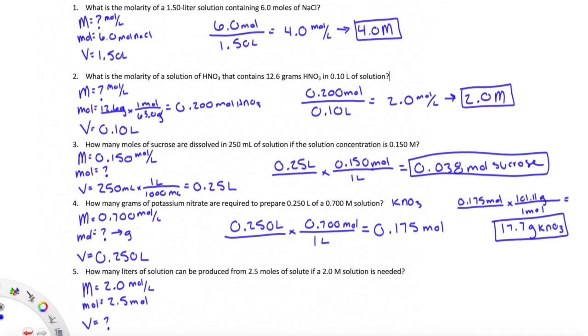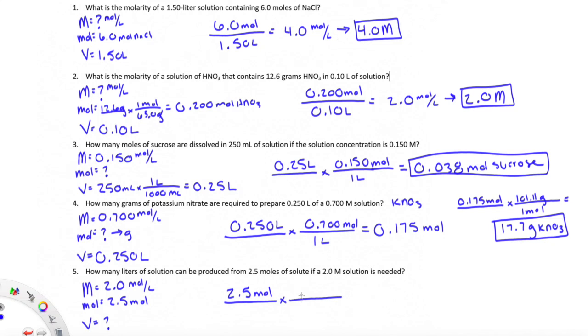So I'm going to start with moles this time, and I have 2.5 moles. And I'm going to use my molarity as a conversion factor. And this time, I want to make sure moles is going to cancel out and it's going to leave me with liters. So remember we talked before about being able to flip conversion factors.